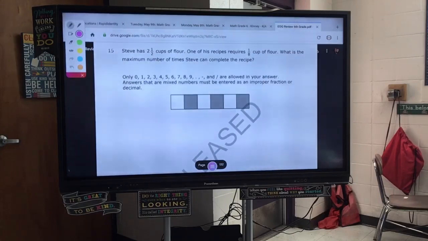What do you notice about number 15? Troy? It also has 2 and then 2.5. Yeah, my fault. I should have asked that question better. What do you notice about the type of question number 15 is?